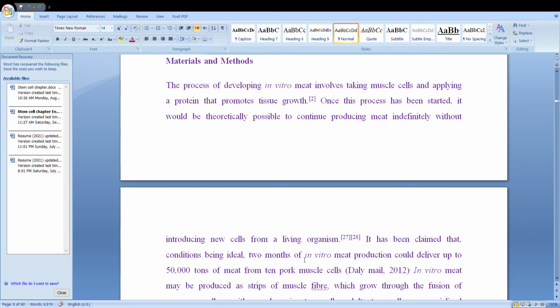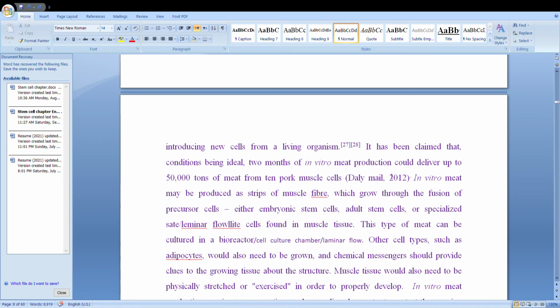So here we can see different scientists, they explained that report data. It has been claimed that two months of in vitro meat production could deliver up to 50,000 tons of meat from 10 muscle cells.